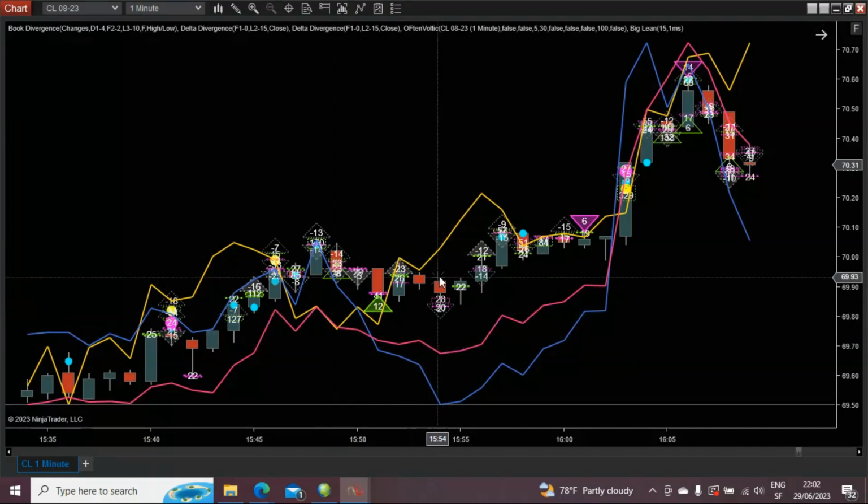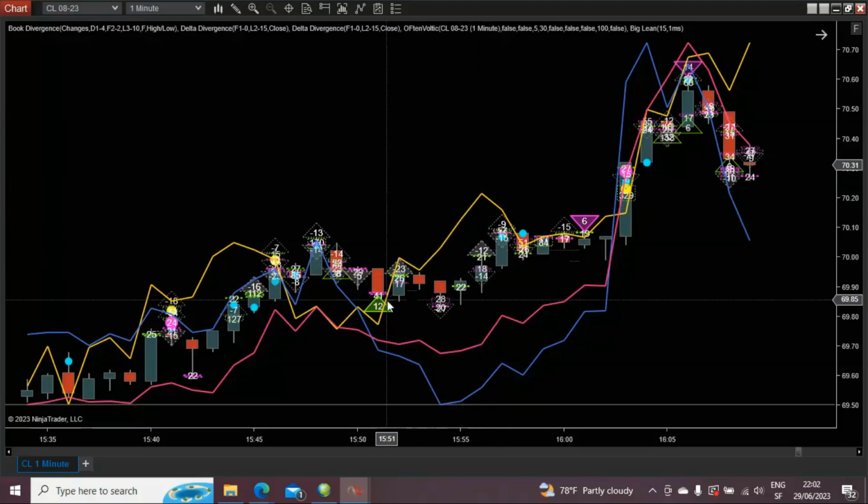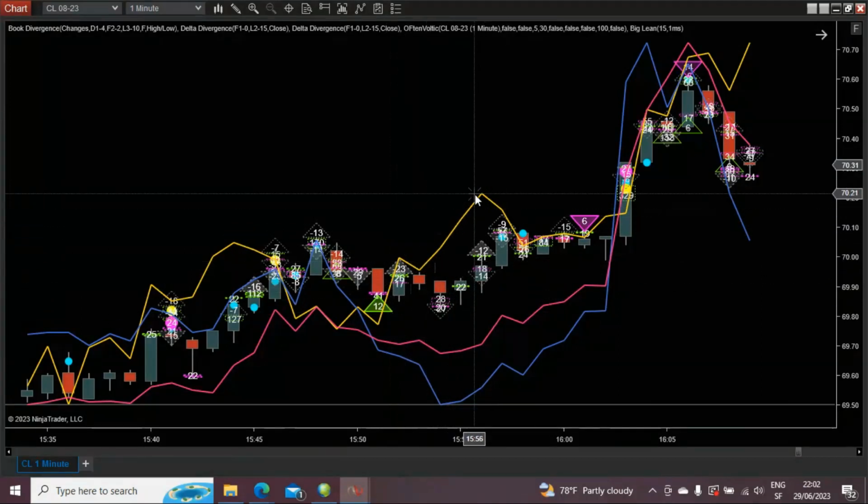What the book line, the yellow line, gives us in addition is confirmation about what the depth of the market is looking like at the moment for this market.